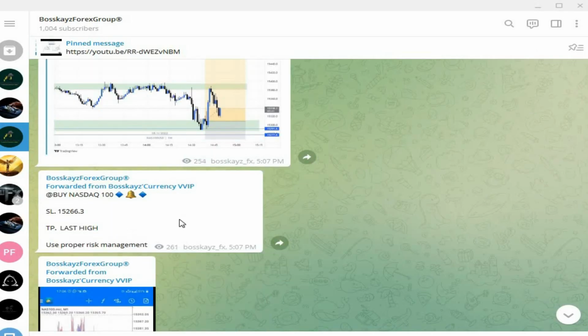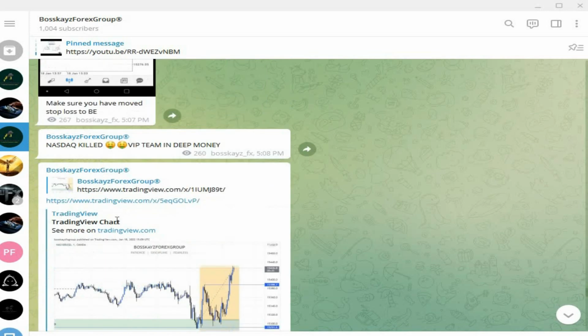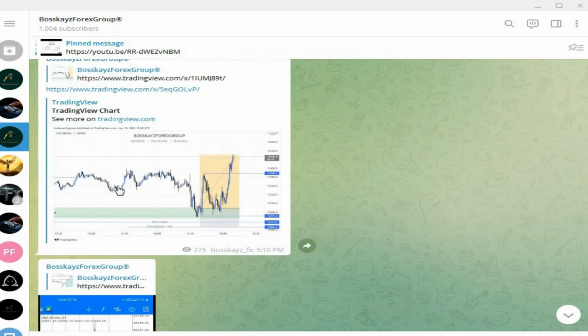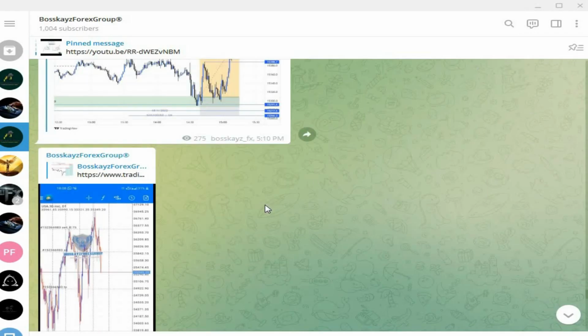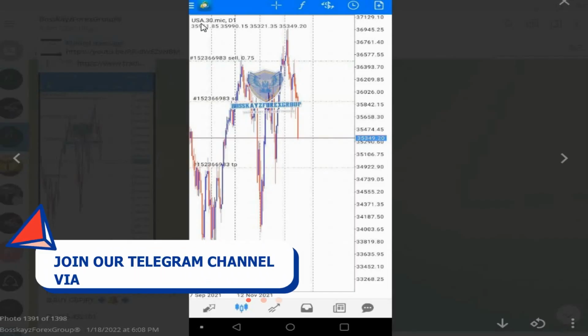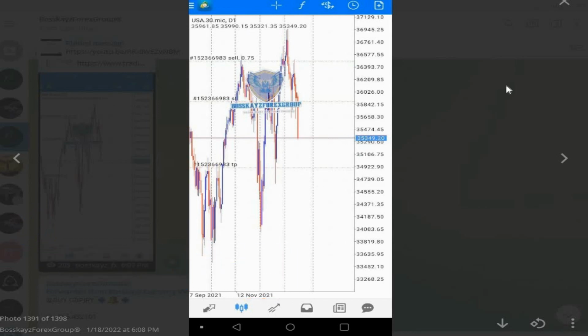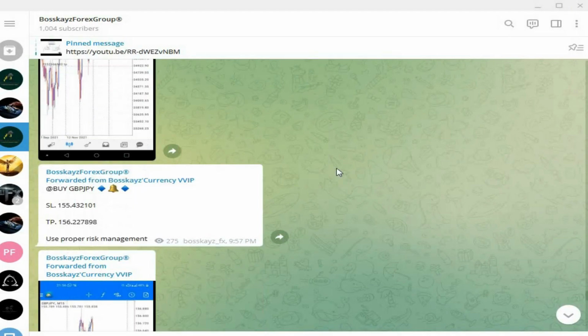And this was the buy on Nasdaq which we sent in our VIP. So with this one, this was the after on Nasdaq, and this was the sell which we were holding on US30, as you can see, and our take profit just got smashed today, guys.